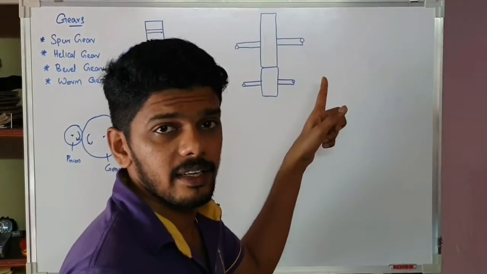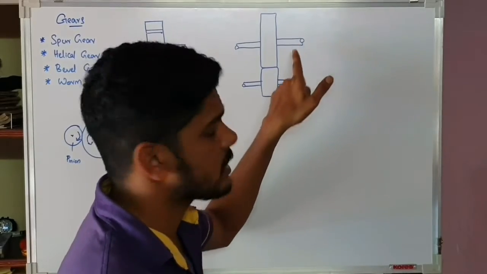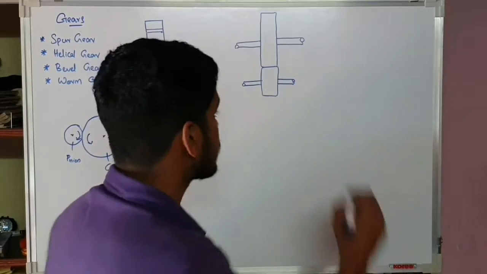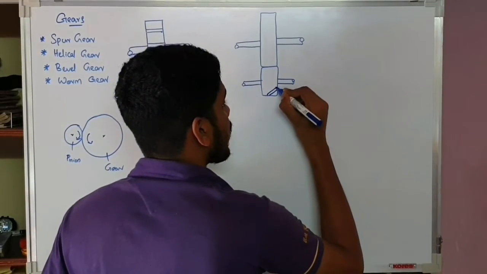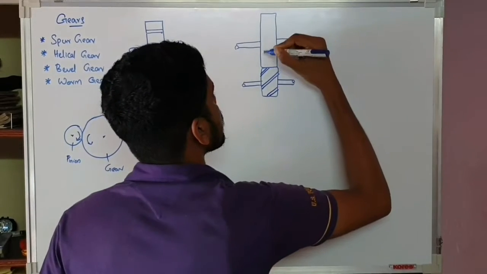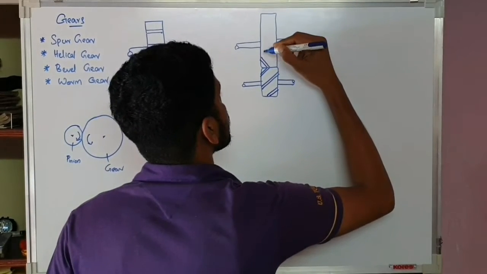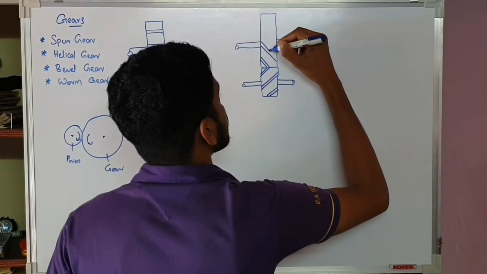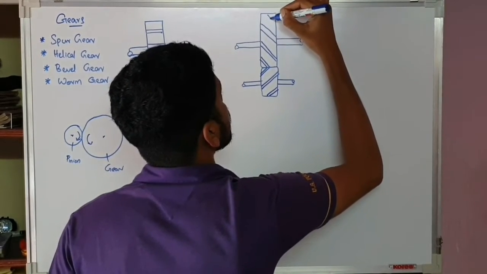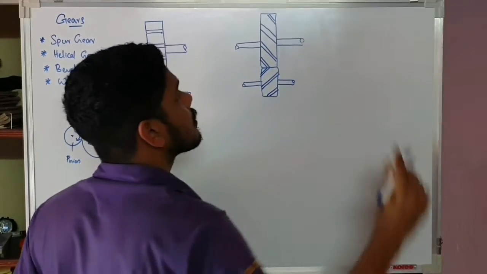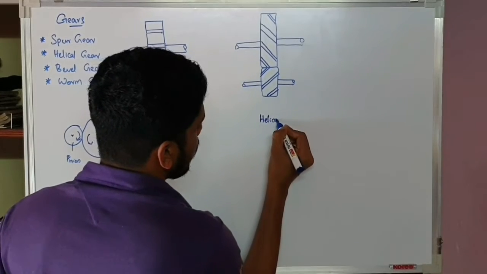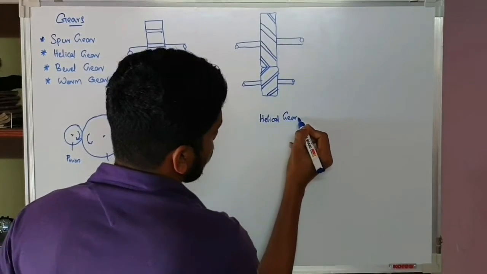The next comes the helical gear. In the helical gear also, the shafts will be parallel, but the gear teeth will be inclined, non-parallel. That is, the gear teeth will look like this. So this is a helical gear.